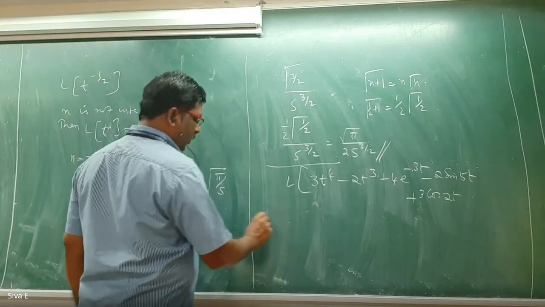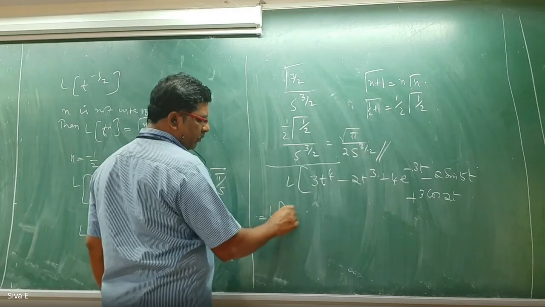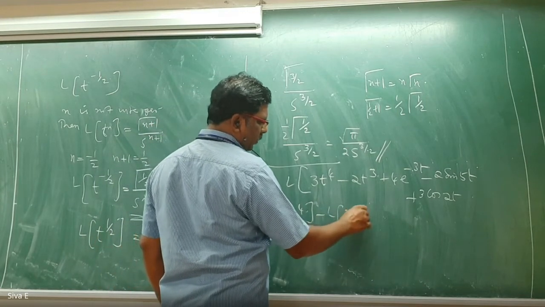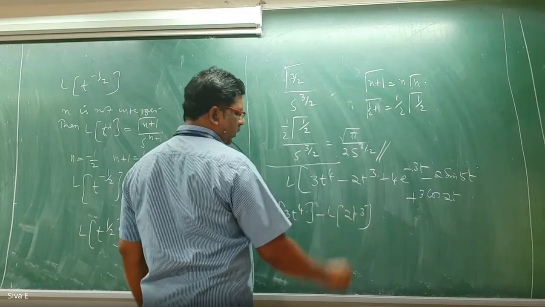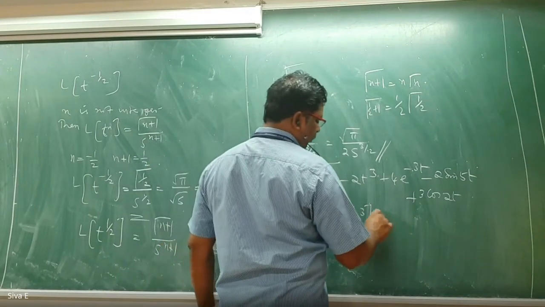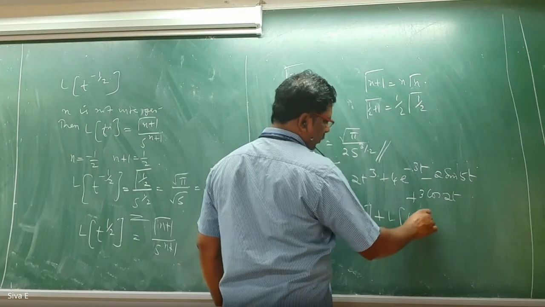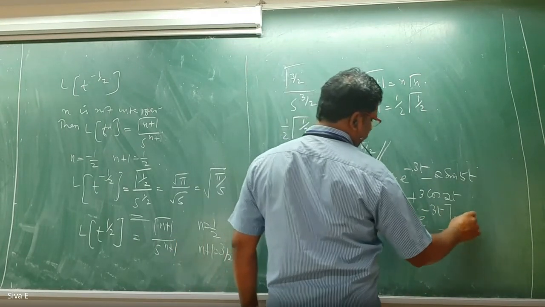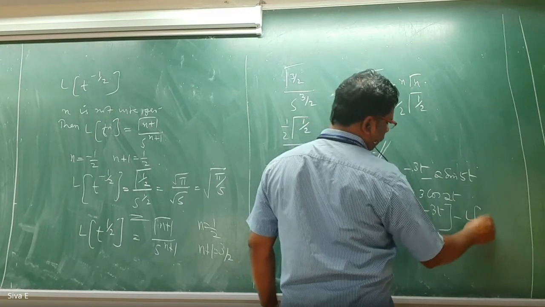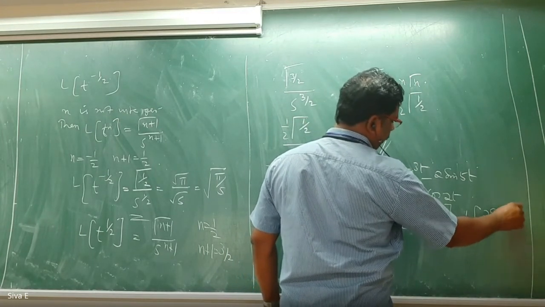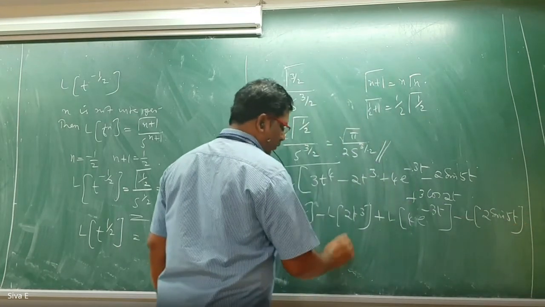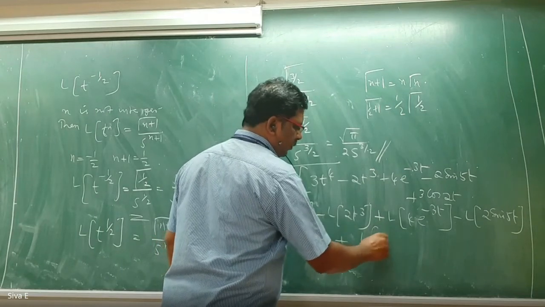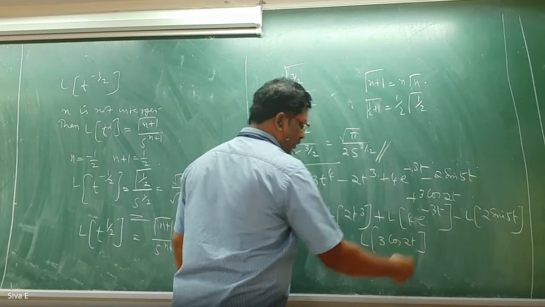So this can be written as Laplace transform of 3t power 4 minus Laplace transform of 2t cube, by linearity property we can separate, plus Laplace transform of 4 e power minus 3t minus Laplace transform of 2 sin 5t plus Laplace transform of 3 cos 2t.